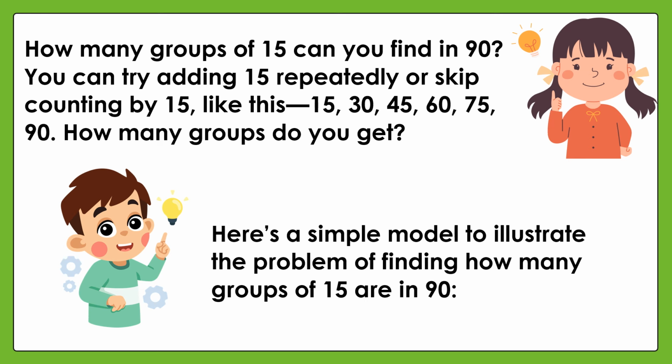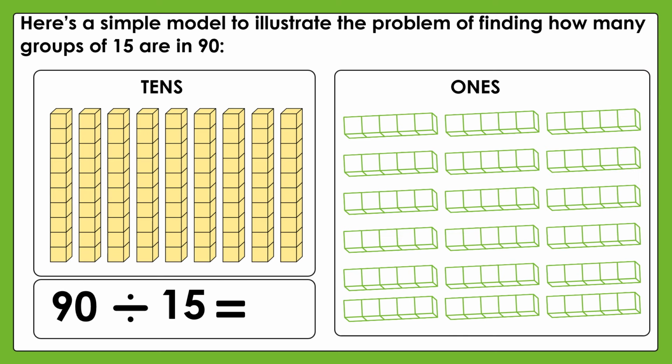Here's a simple model to illustrate the problem of finding how many groups of 15 are in 90. Now, let's look at this illustration. This is tens with a total of 90. This is ones with a total of 90 also.